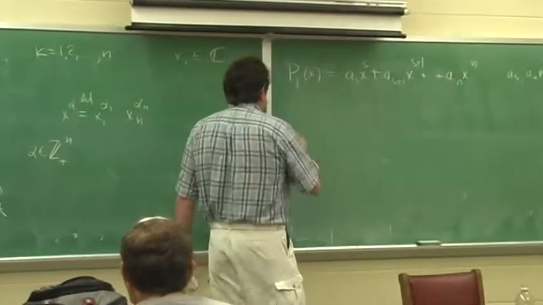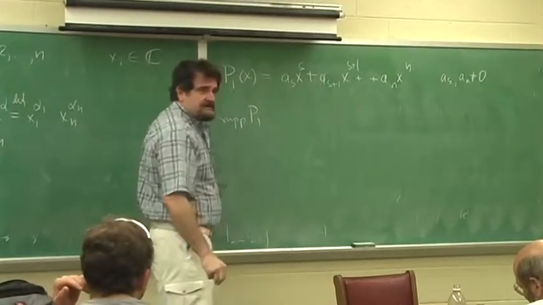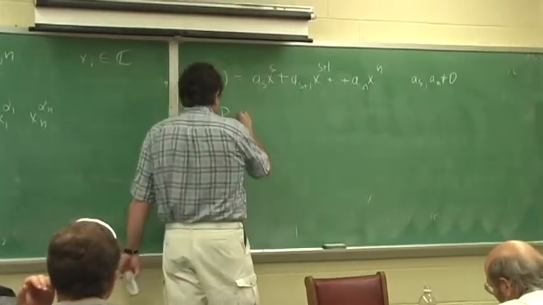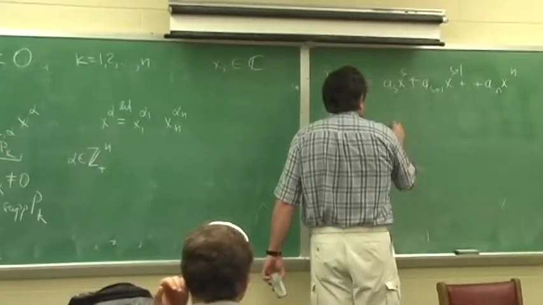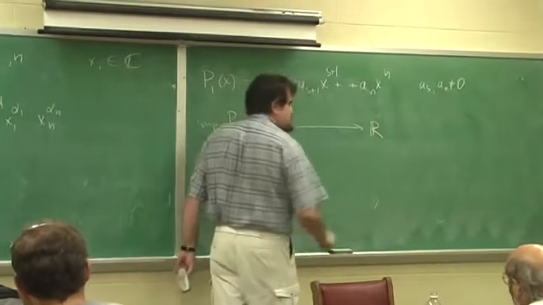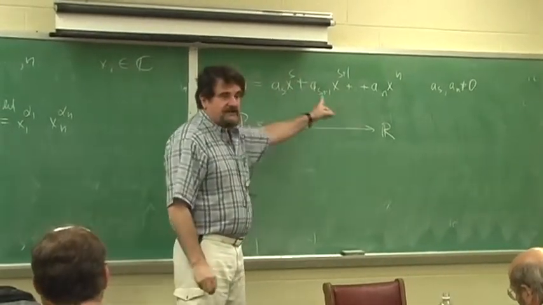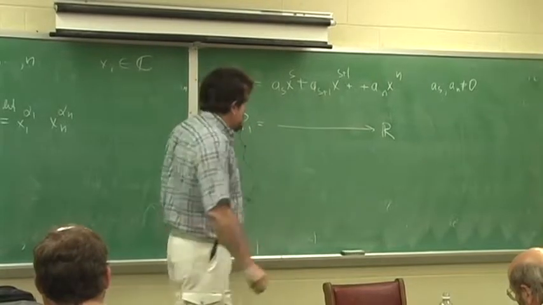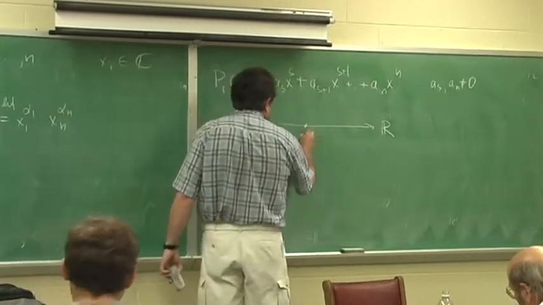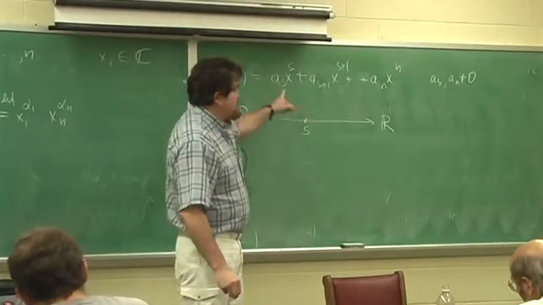What is the support of P1? It is definitely a part of one line. The support are all powers at which the coefficients are definitely not zeros. And at least it contains the point s on the line. Can I stop you?